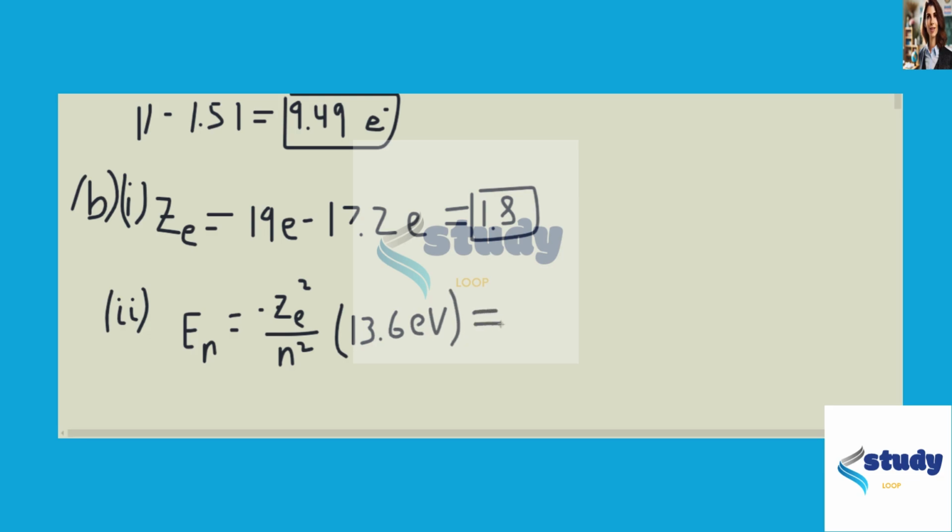So plugging in those values, we find that this is negative 2.5 electron volts. We can box that in as our solution for part 2 of B.